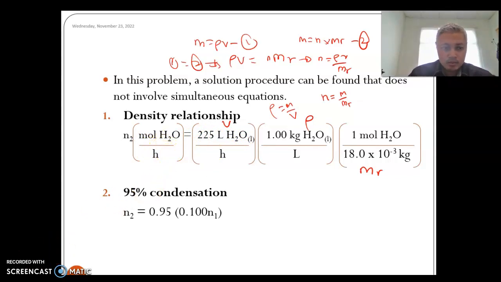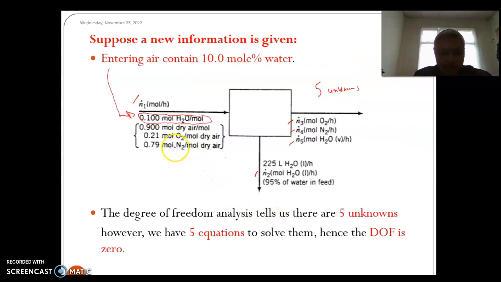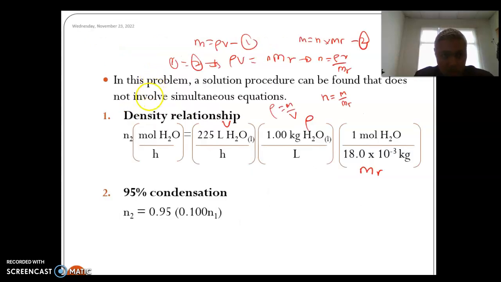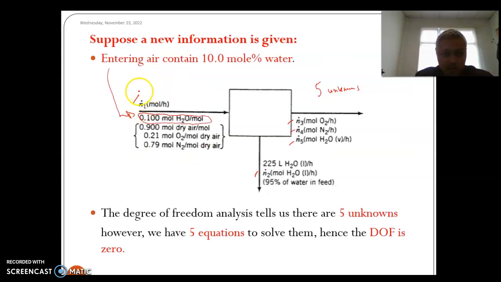We have second information where we have been told that there is 95% condensation. If we go back to the question, here we have 0.1 of H2O times N1, because this is the total molar flow rate for this stream.